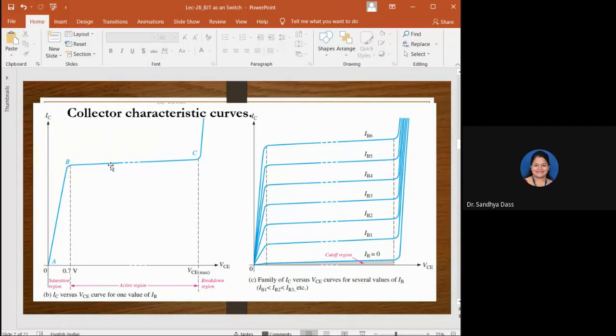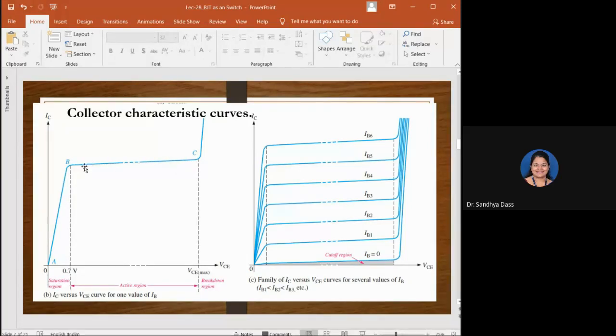And we know the collector current here is measured by the expression IC equals beta times, what? Can anyone tell me? Beta times IB, correct. So using that expression, we measure the collector current in the active region.